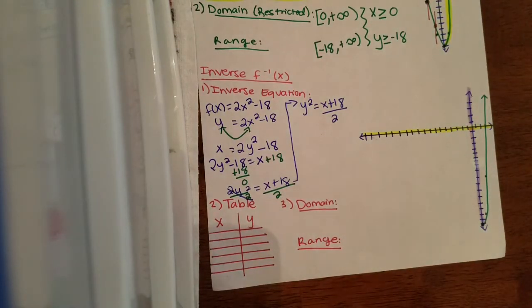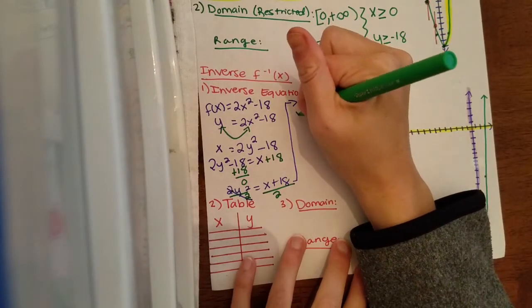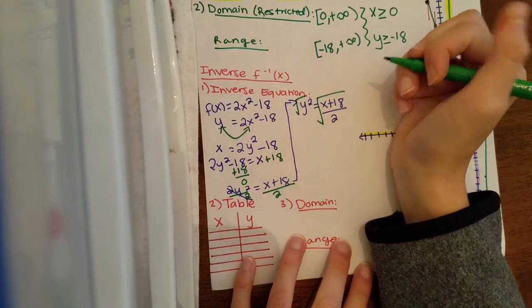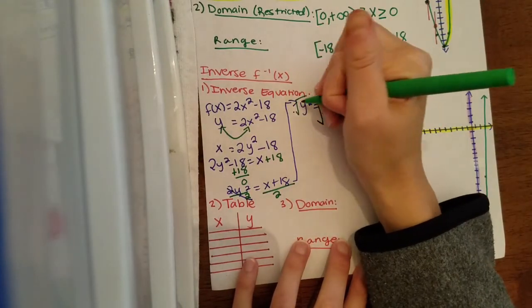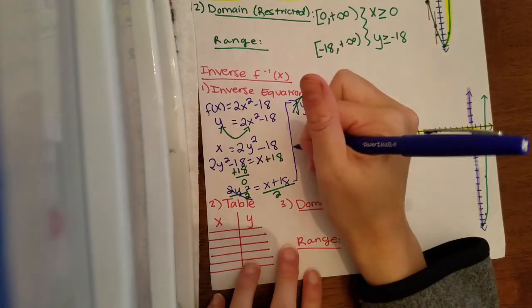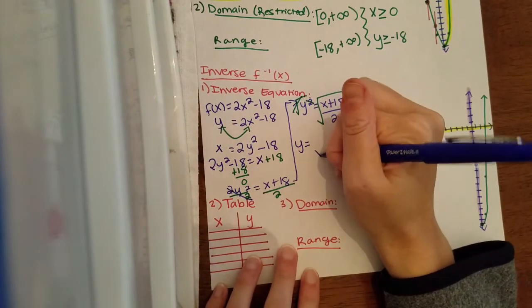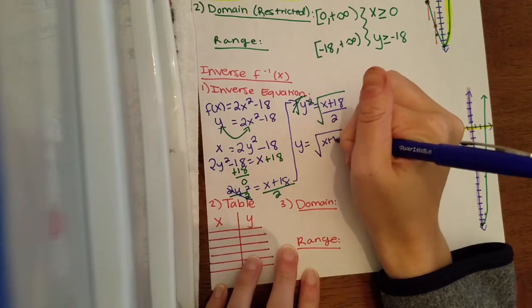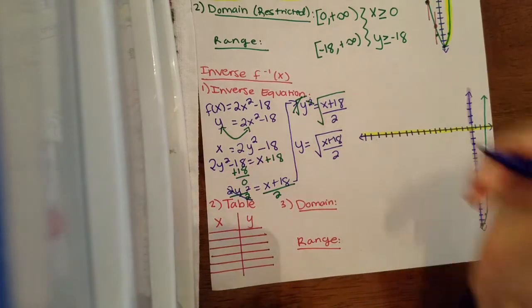The last step to get y by itself: the inverse of a square is a square root. So we take the square root of both sides, and the square root cancels out the square. Now we're left with y equals the square root of x plus 18 over 2.